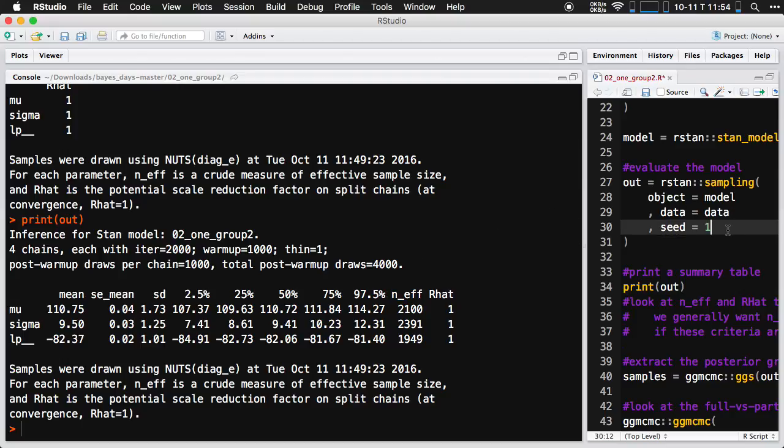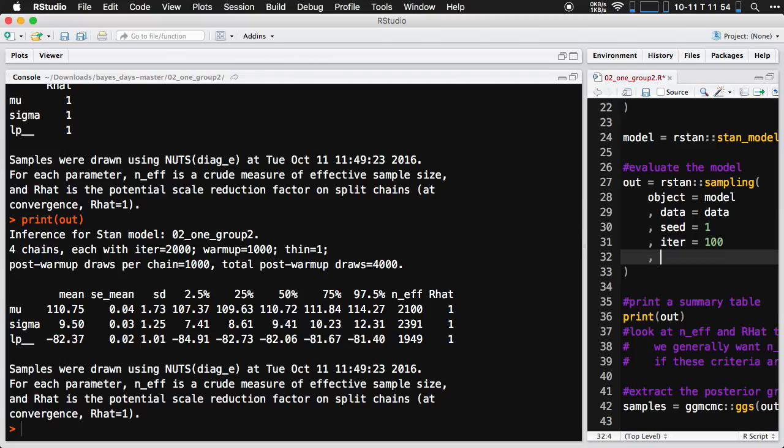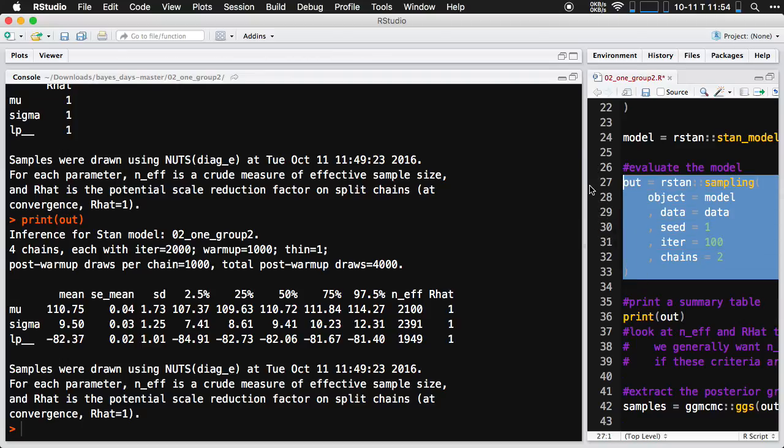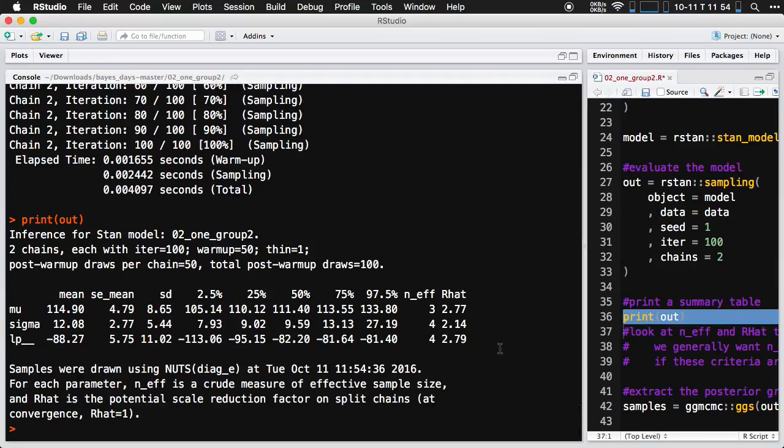If I tell it iter equals, let's just say 100, and chains equals 2, so I only do 2 chains and 100 iterations on each chain, and look at the output now, it'll show that R hat is not 1, it's above 1, and n_eff is not 1,000.